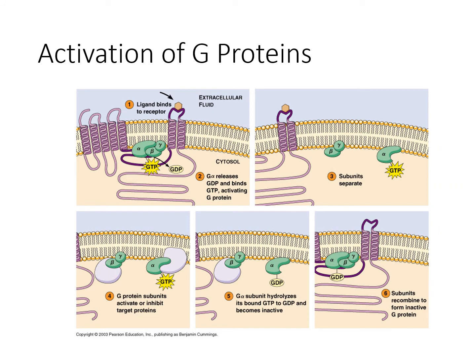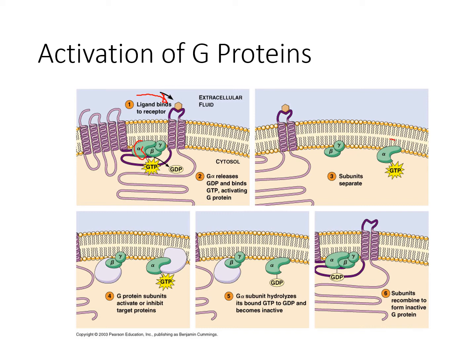So here is an example of the activation of the G protein. Let's have a look over here. First, the ligand binds to the receptor, and it will cause the GDP to be released, and the GTP will bind to the alpha subunit.